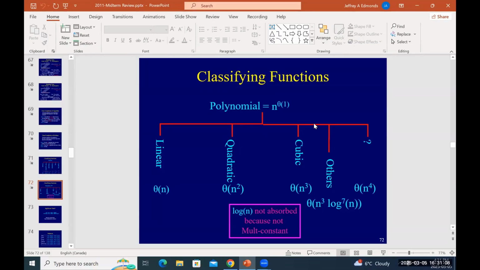But it's less than n to the 4 for big n, and it's definitely bigger than n cubed. So we're going to say it's more or less n to a constant. Does that make sense? Everybody good? Good. Any questions?